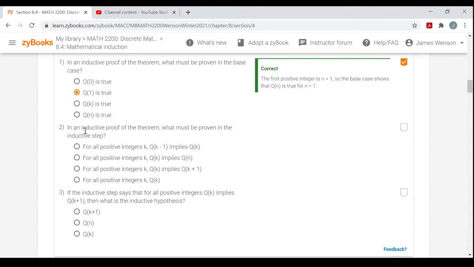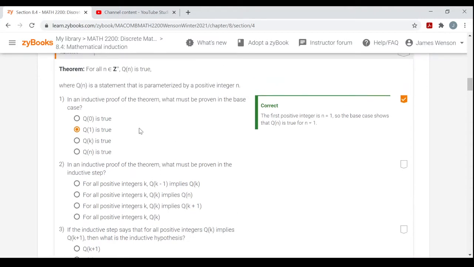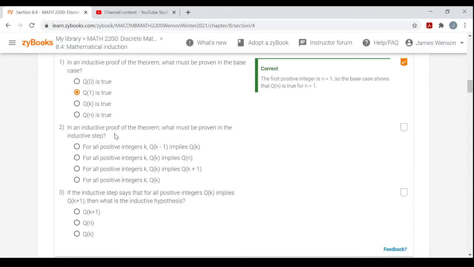And then, in an inductive proof of this theorem, what must be proven in the inductive step? You must prove that for all positive integers k, Q of k implies that Q of k plus 1 is also true. So if Q of k is true, then Q of k plus 1, the next one down the line, is also true.